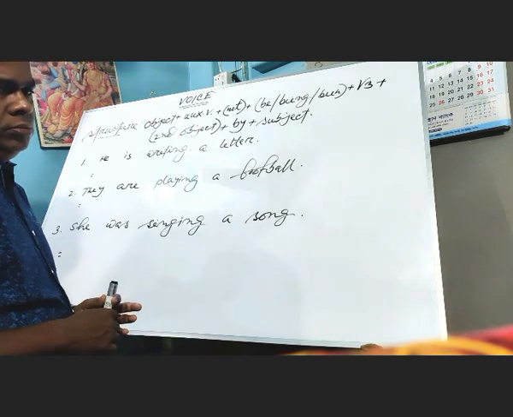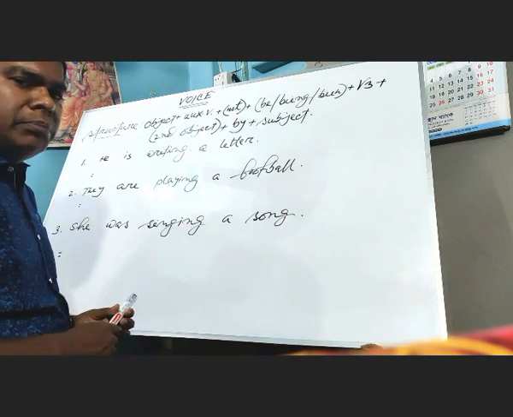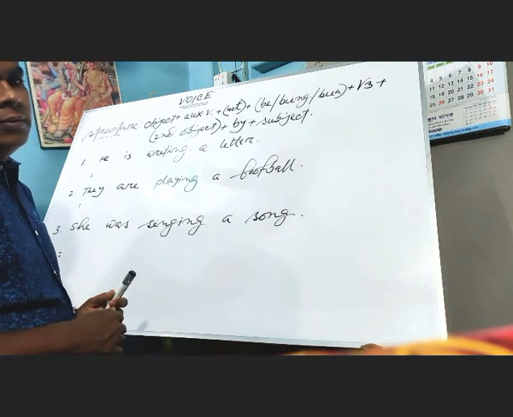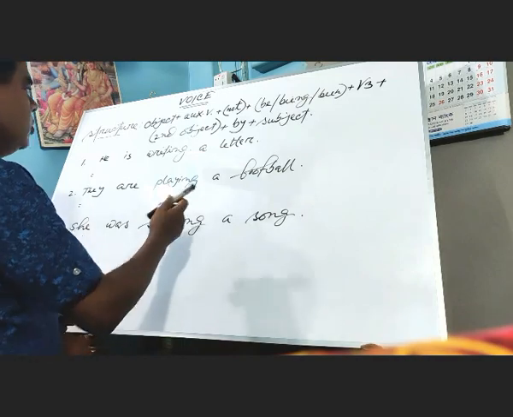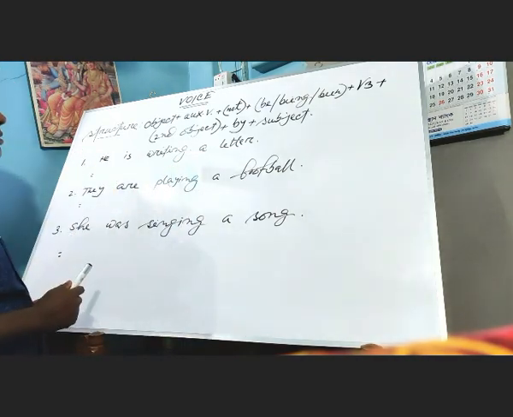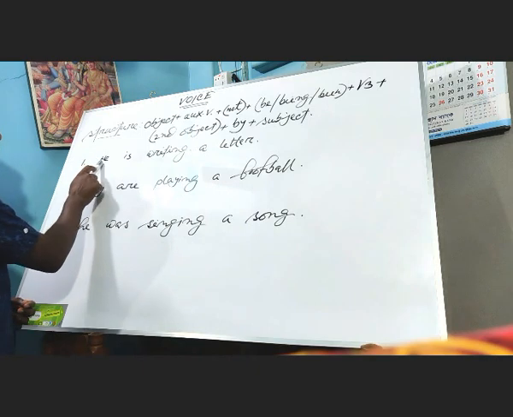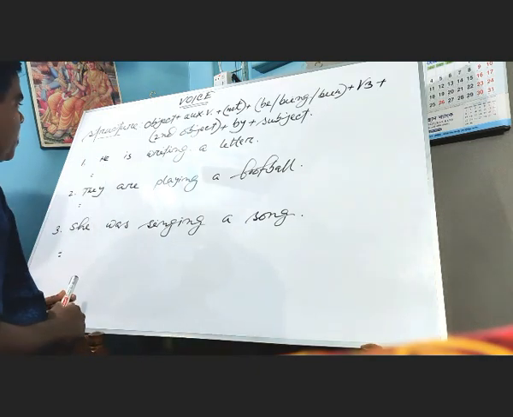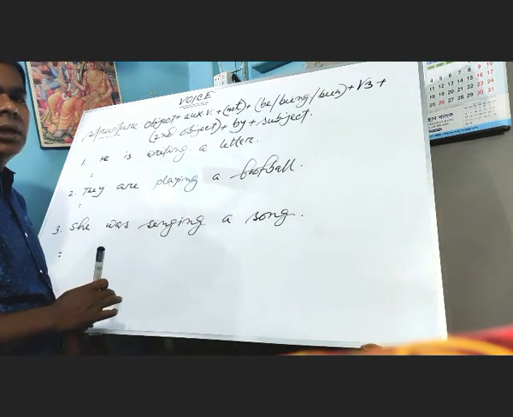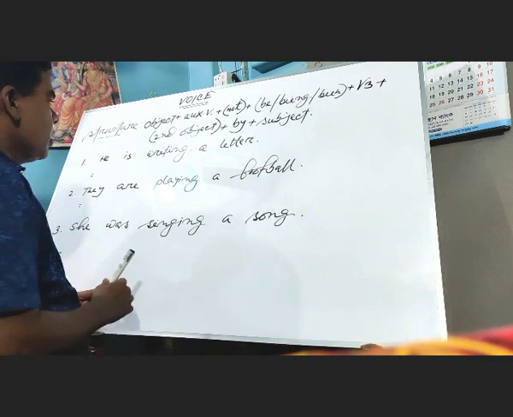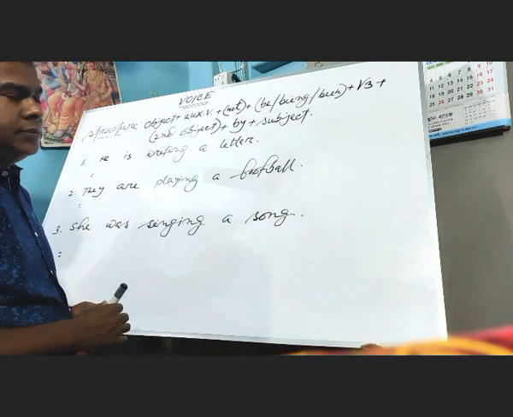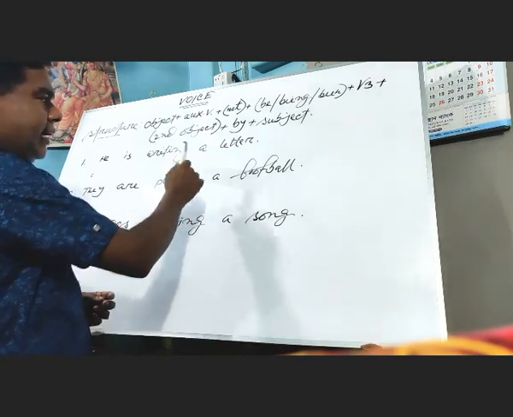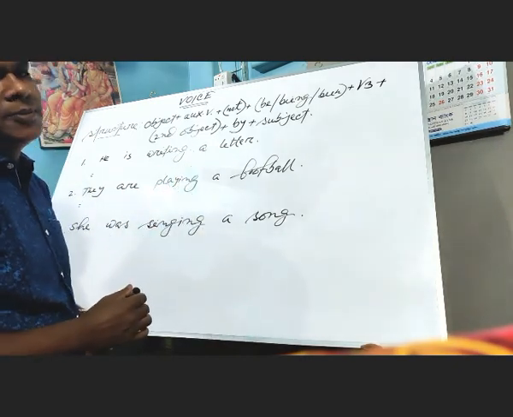We know that after the main verb or principal verb, the object remains. So look here in this first sentence: the subject is he. Is is the auxiliary. Writing is the principal verb or main verb. And a letter is the object.